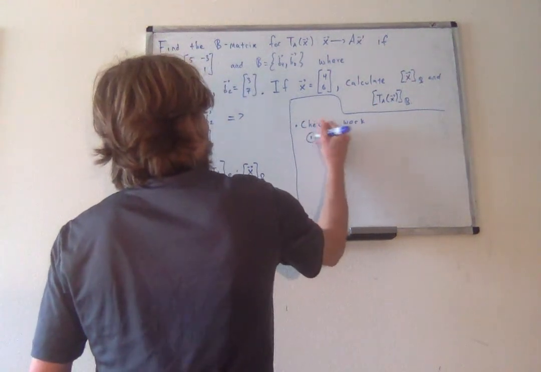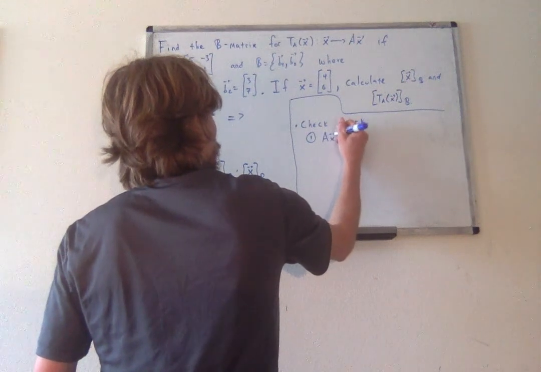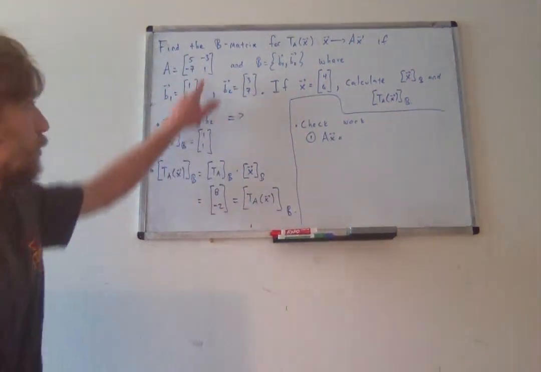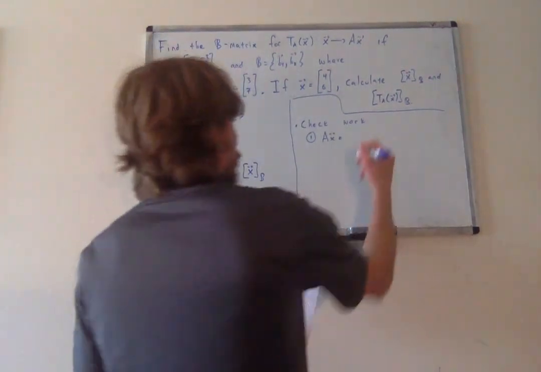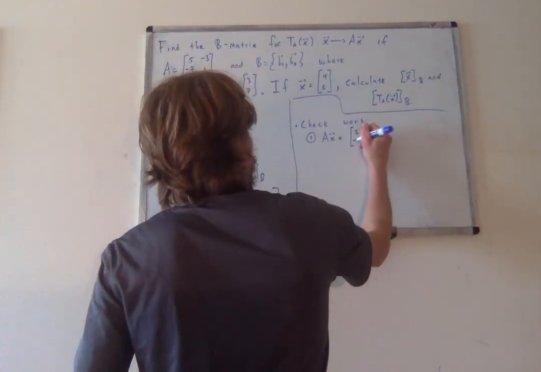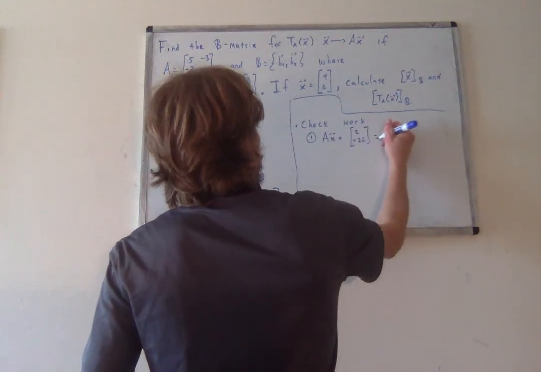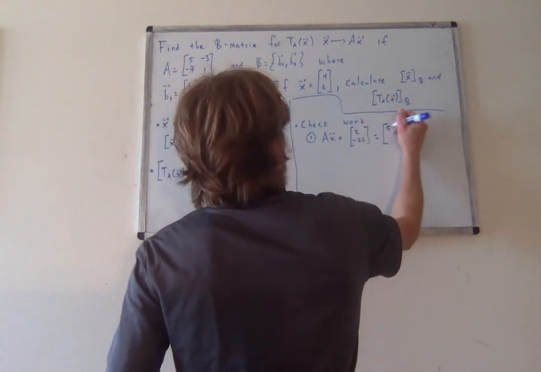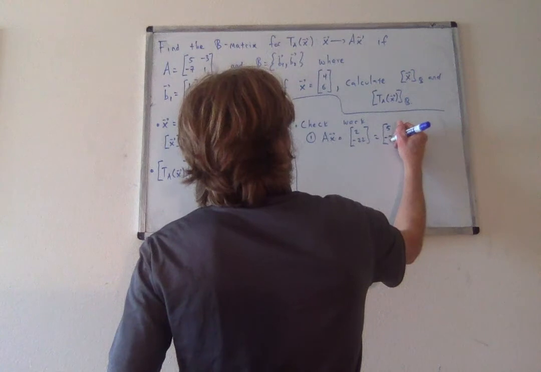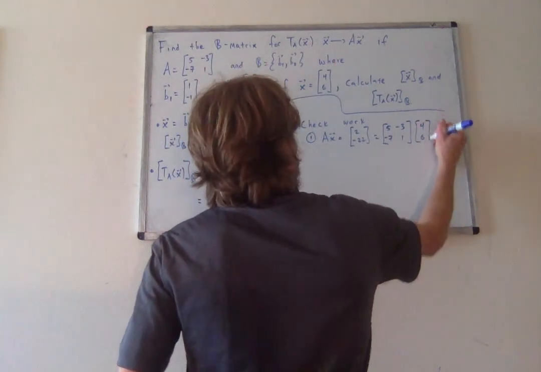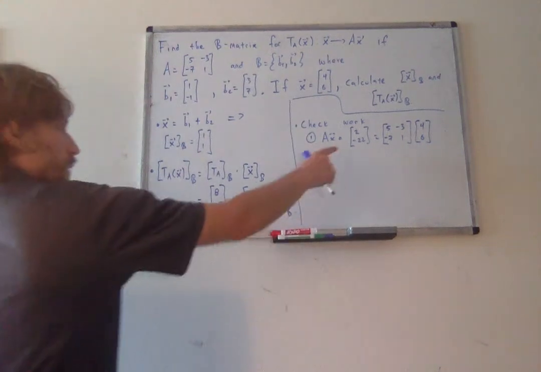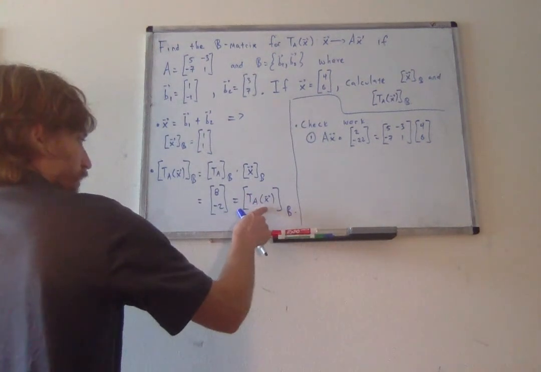By first calculating A times x, which if you multiply matrix A times the original vector x, you get the vector 2, negative 22, right? And so this is equal to the original matrix A times the original vector x. So this is T sub A of x.